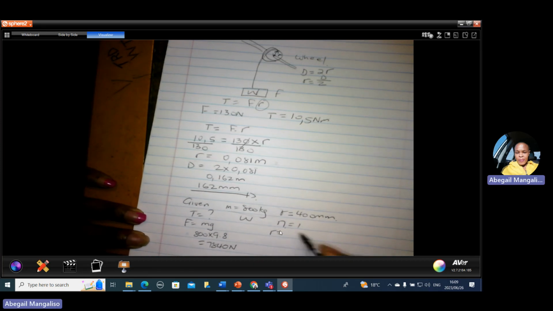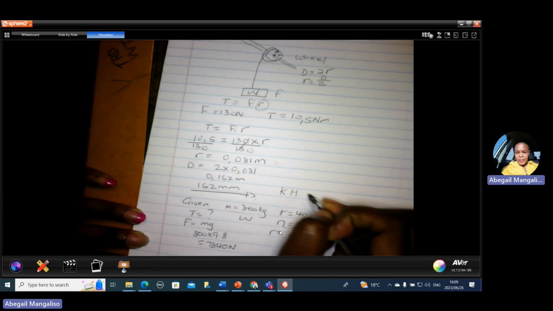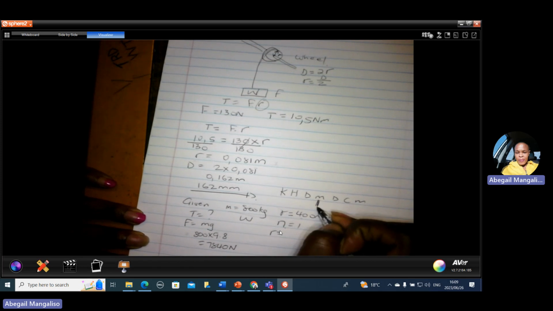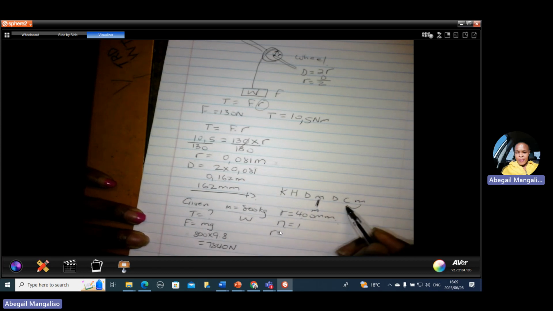Next, you can calculate the torque. The radius here is given in millimeters. The general SI unit is the meter, so it's a meter that we want. From milli to meter, 1, 2, 3, you move to the left 3 times, so we divide by 1,000. So R will be 0.4 meters.